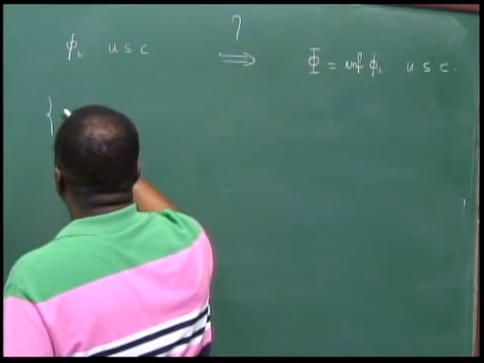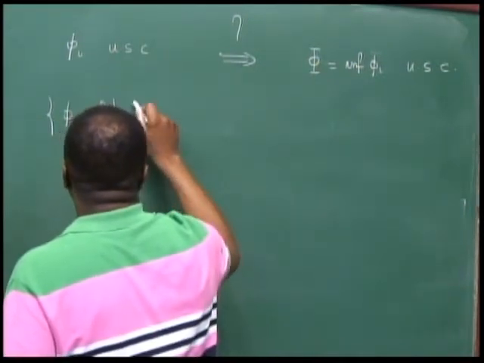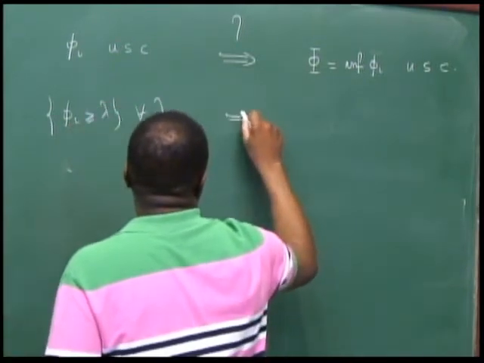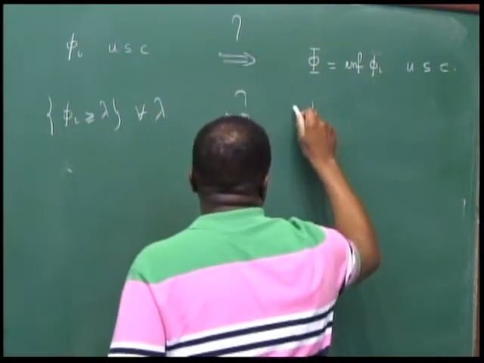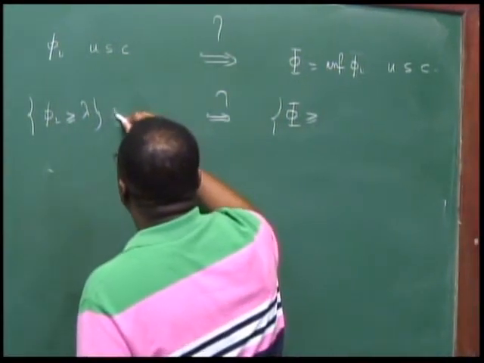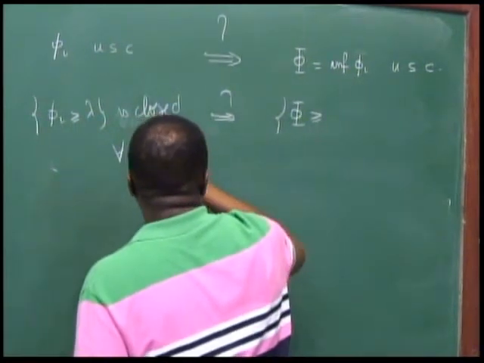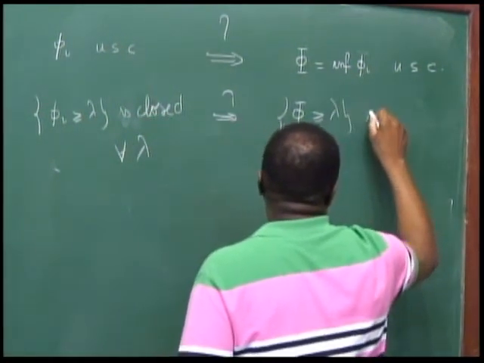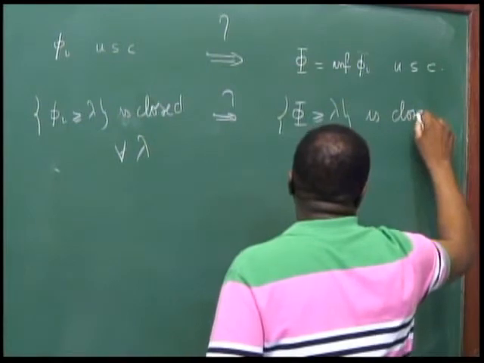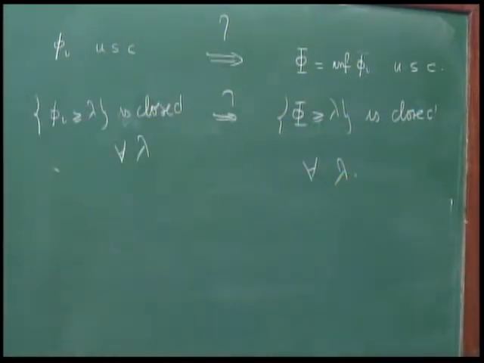Formulating differently, the question is, assume we know this is true for every lambda. Does it imply that this is closed for every lambda? This is an equivalent reformulation of my question.